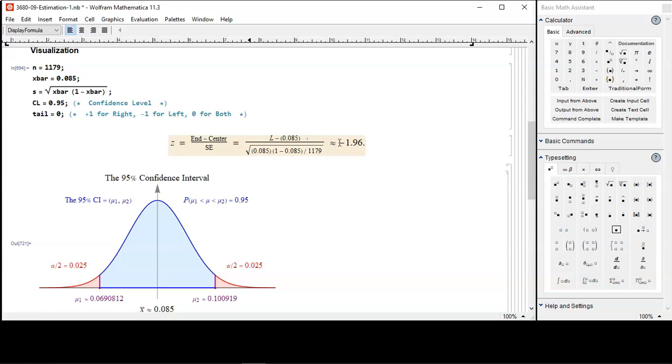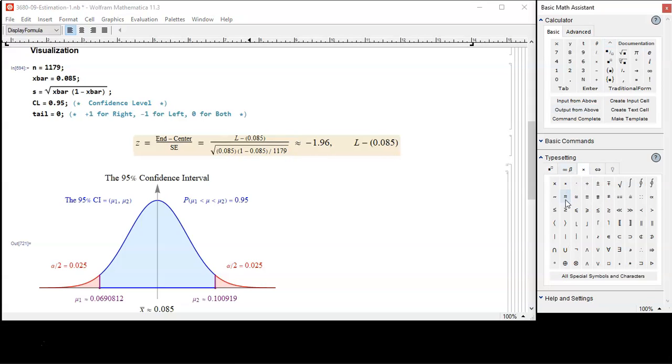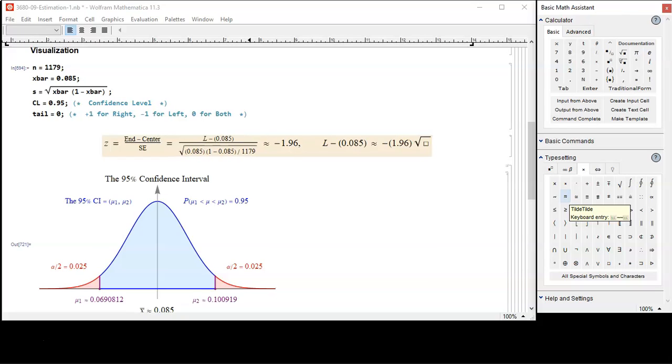So from here, you can solve this equation and find out the L value. So L minus 0.085 is approximately equal to negative 1.96 times the square root.